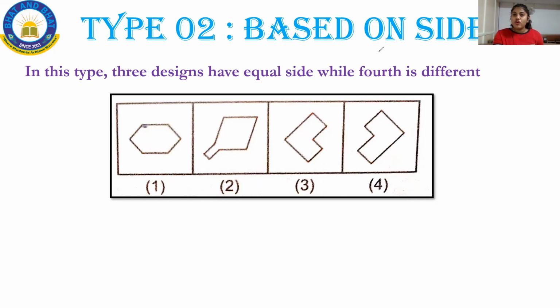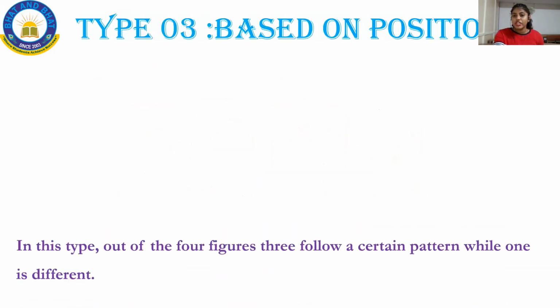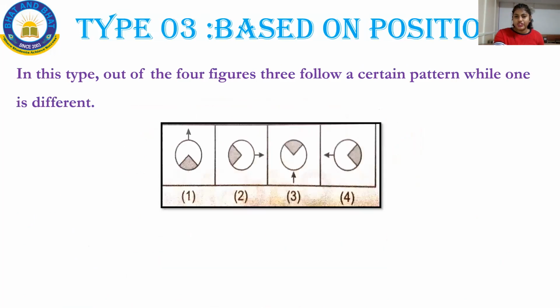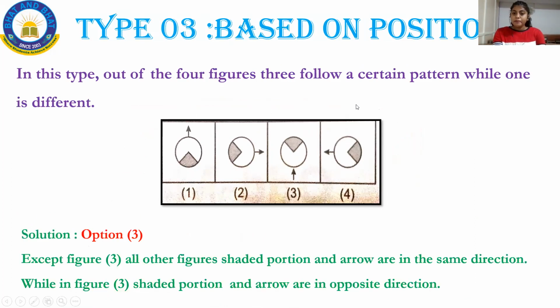So let me move on to the third type now. Students, based on position. Look here, based on position. So students, how to solve this problem? Listen to me. In this particular problem, the shaded part, and the position, which position you have to choose.